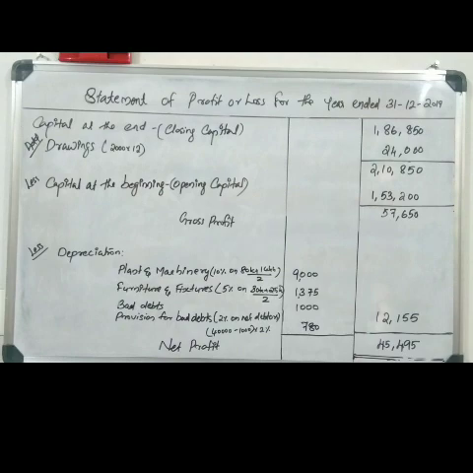So first thing we have to take is the closing capital. So what is the closing capital we have ascertained from the closing statement? So capital at the end or closing capital, which is 1,86,850. Now with this we have to add drawings.